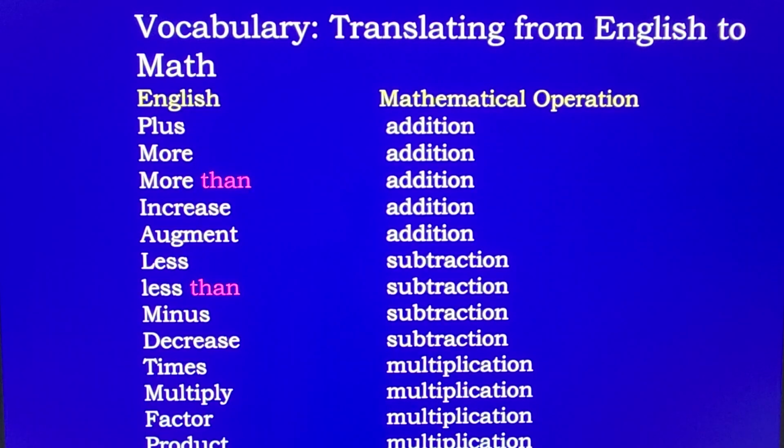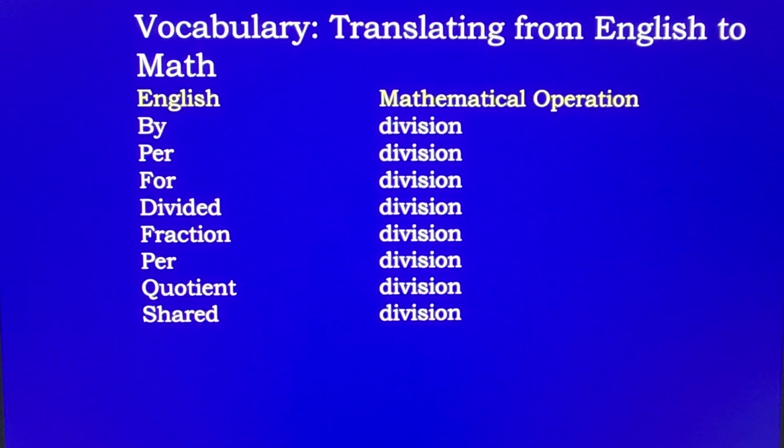Minus, decrease, all of those call for a subtraction to be performed. Times, multiply, factor, product, all of those call for a multiplication to be performed. And finally, by, per, for, divided, fraction, quotient, shared, all of those words call for a division to be performed.